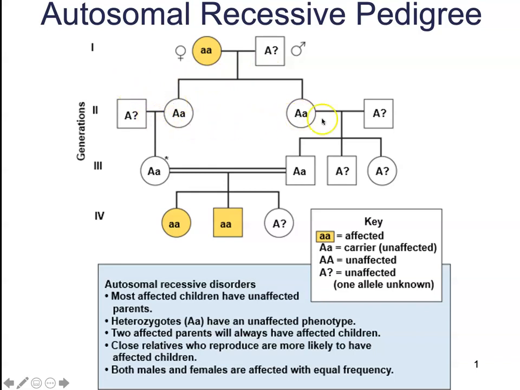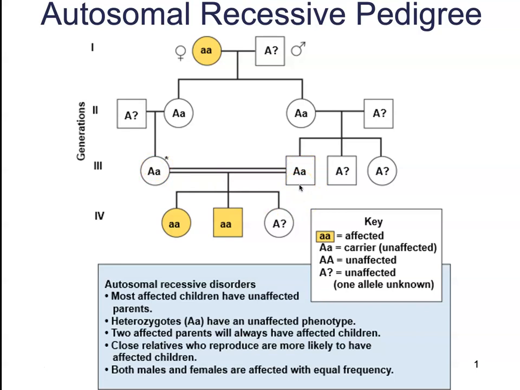We have an entire generation where no individuals have it. We also see that even in the third generation, no individual has it. We don't see it reappear until the fourth generation, when we cross a heterozygous individual with another heterozygous individual.